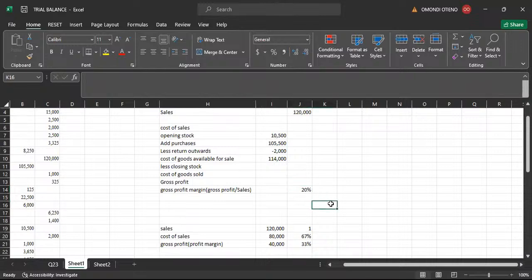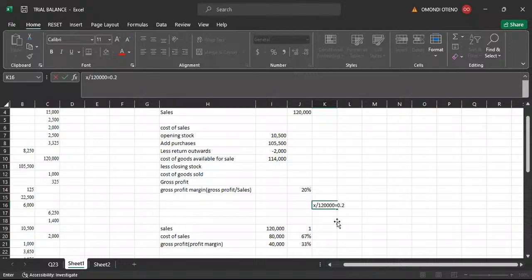Gross profit X over 120,000 is equal to 20% or 0.2. Now, if I want to get X alone, what am I going to do?